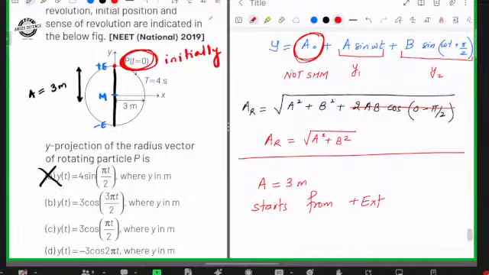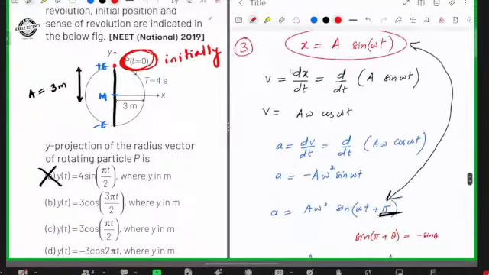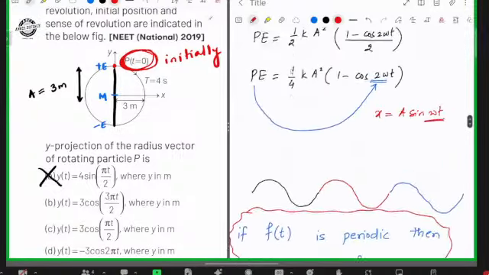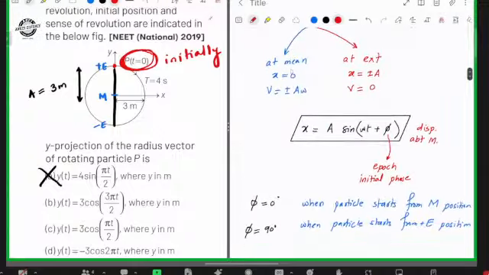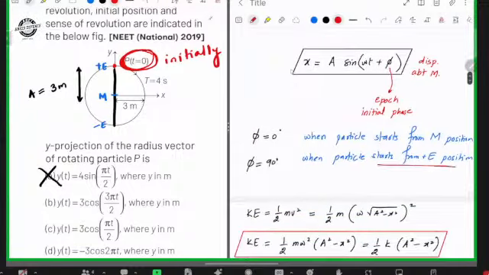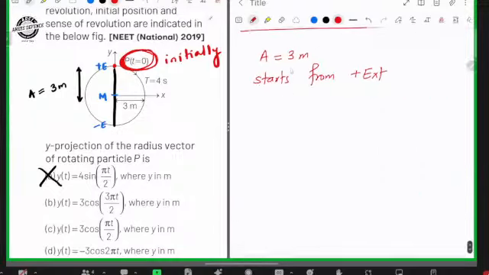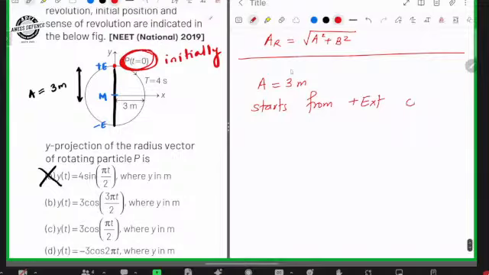Therefore, I told you to take the value of phi as 90 degree when the particle starts from positive extreme position. Remember? So let us write the standard equation first. What is the standard equation? A sine omega t plus phi.